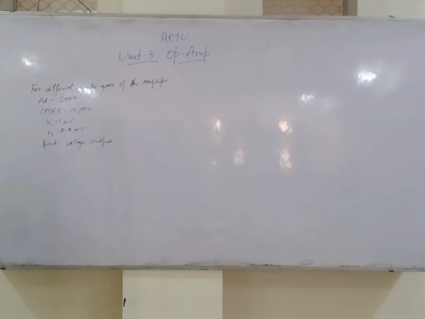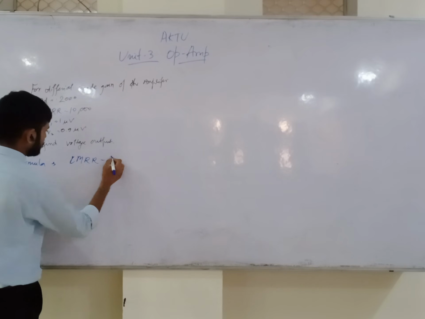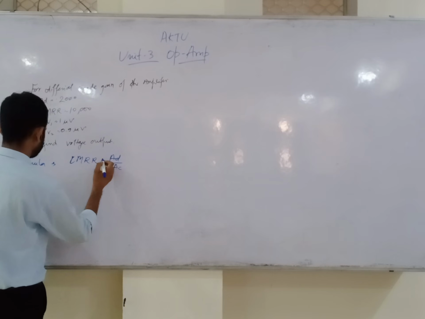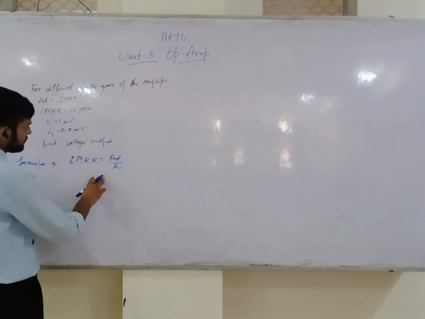We know the formula: CMRR is equal to AD upon AC. This is the normal formula.